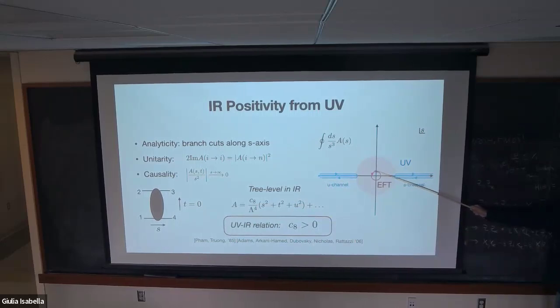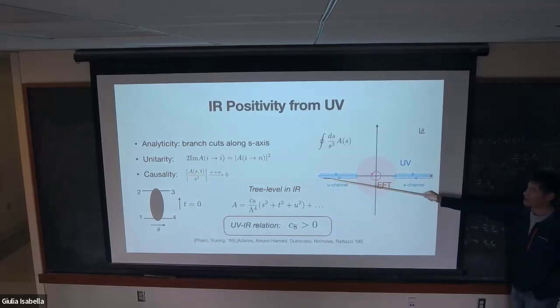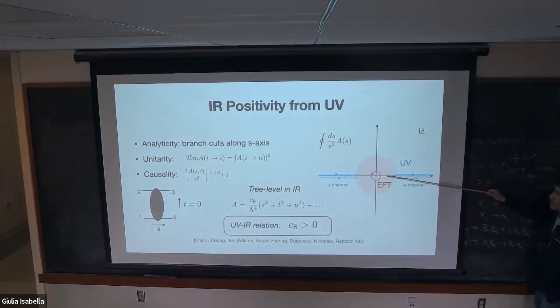Now we can blow up this red contour, which will pick up the contribution in the UV by this discontinuity plus a potential boundary term at infinity. But from causality, because we know that the amplitude cannot grow too fast, this contribution from infinity is cancelled, and therefore the red contour equals the blue contour. But we also know that this discontinuity.